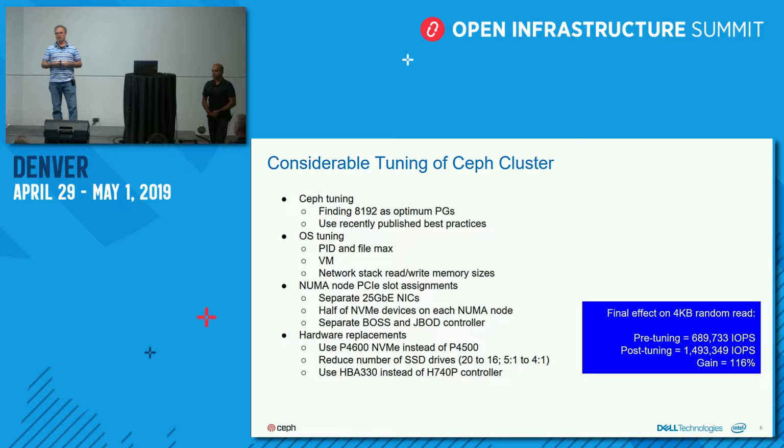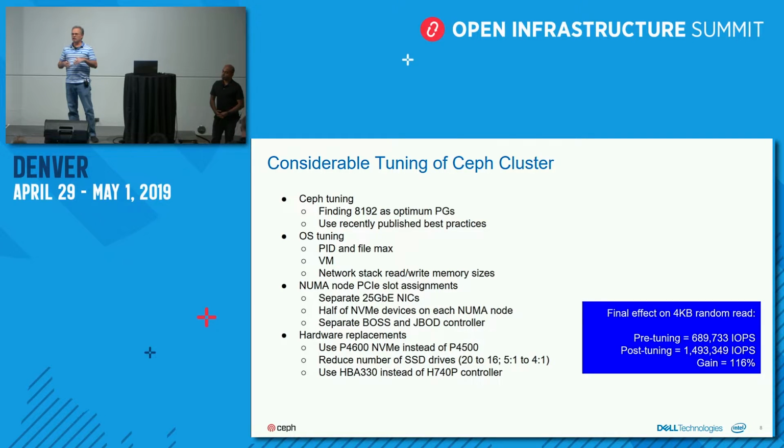Now we weren't overrunning the NVMEs. The other thing that we did was, initially we had H740p PERC controllers, and we changed that over to HBA 330 JBOD controllers. And the blue box on the lower right-hand side kind of gives you the big picture before and after.